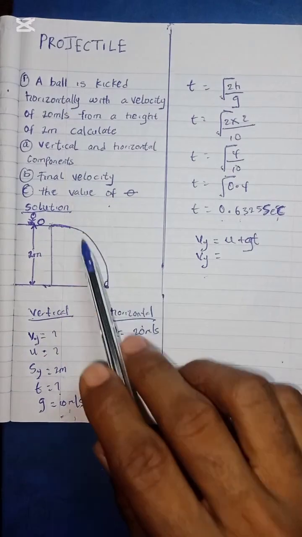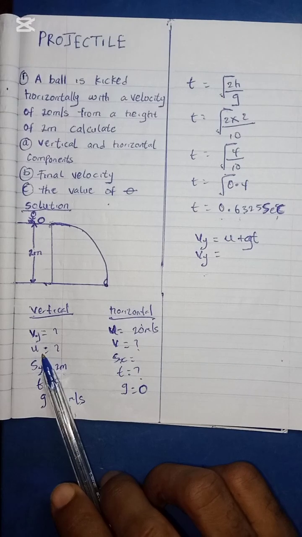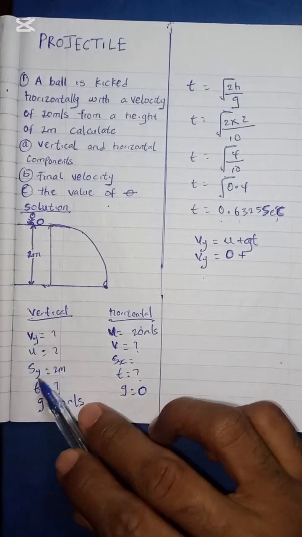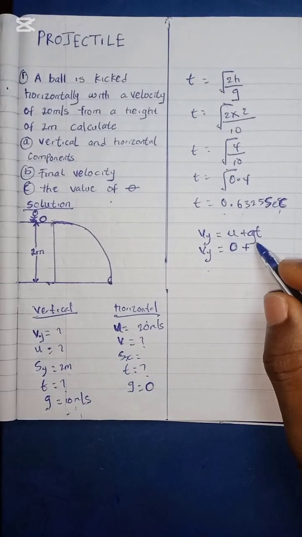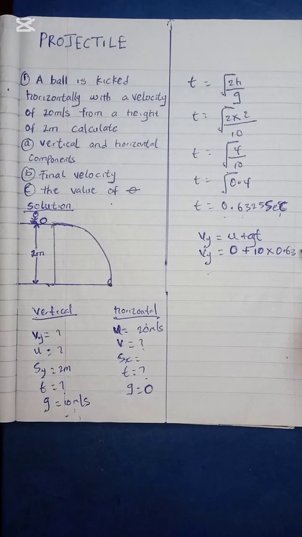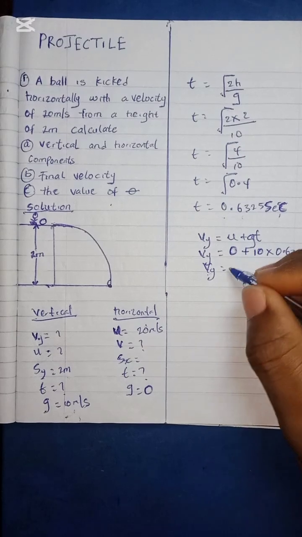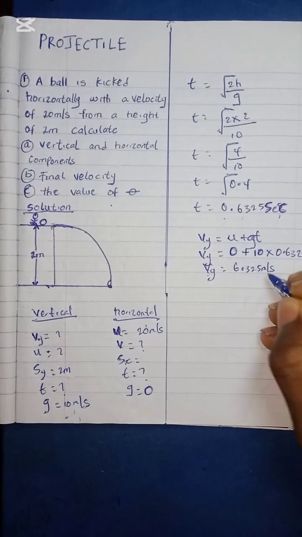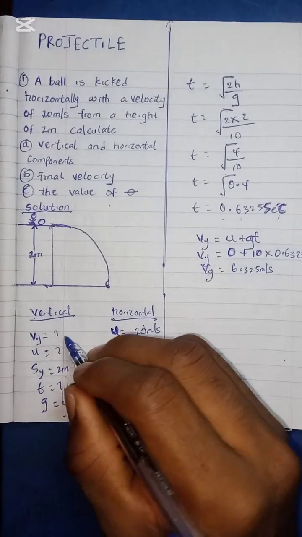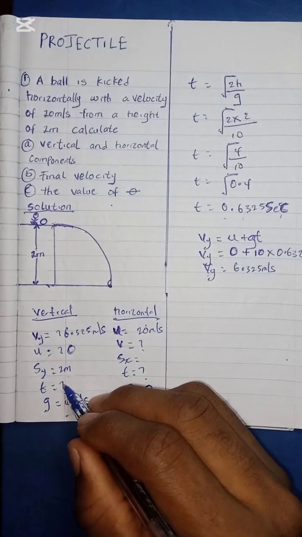So vy is equal to 0 plus 10 times our time, 0.6325. When you punch your calculator you'll have 6.325 meters per second. So this is your velocity for the vertical component.